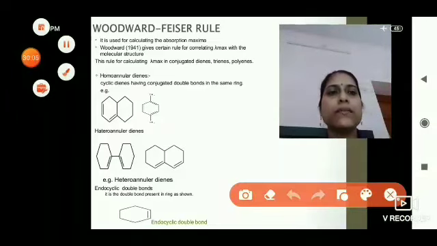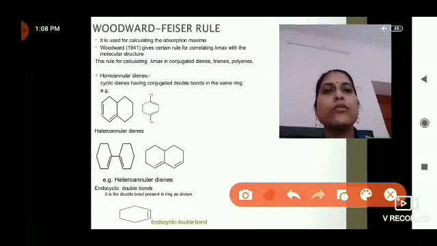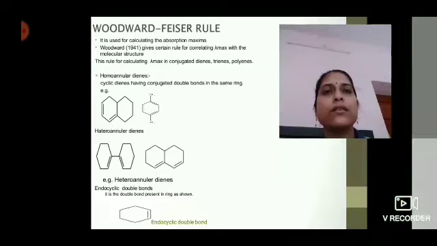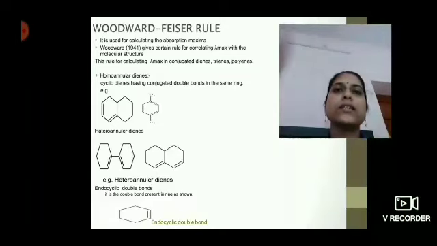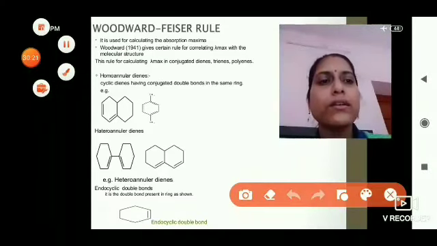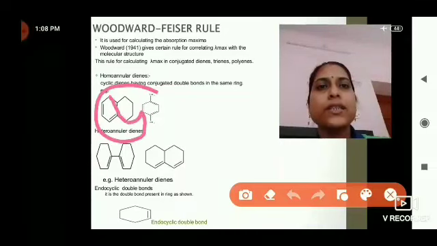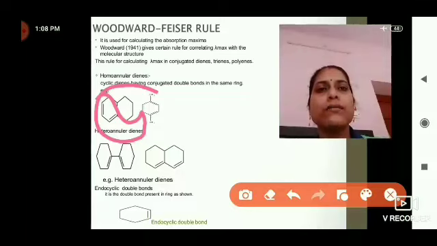You will see here they are classified as homonuclear and heteronuclear. What is homonuclear? When both double bonds are present in the same cycle, it is called homonuclear. And when both double bonds are in separate cycles, they are called heteronuclear.